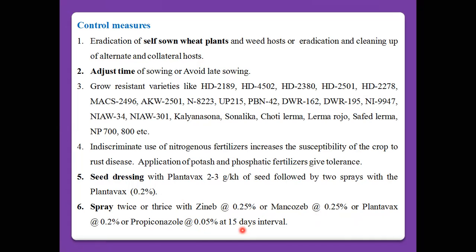Okay, these rust diseases you can manage by using the most recent fungicides, that is the triazole group, that is propiconazole, triazole, then hexaconazole. So these are the names of the fungicides which are effective against these rust diseases seen in the field crops. Okay, so this is the basic information about the three types of rust seen in the wheat crops.